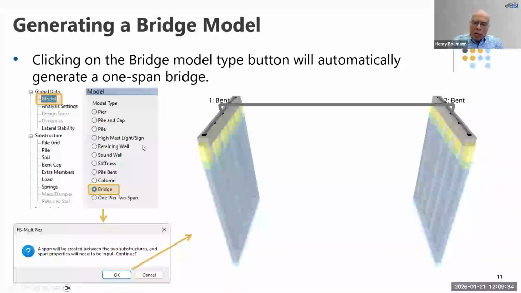Now, to create a bridge model, all you have to do is go to the global data window, click Model, Bridge, and just say OK. The program then automatically will create this one-span bridge for you with some defaulted superstructure, linear elastic properties, and it'll connect this to the bearings.